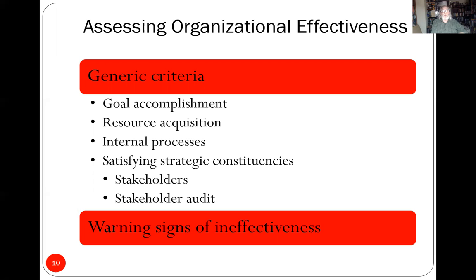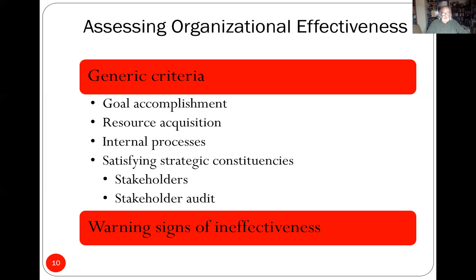Certainly, you want to assess your effectiveness and are you satisfying the parties that matter? And so that means your strategic constituencies, your stakeholders. And stakeholders, of course, are anyone that has an interest in you succeeding. And so it's going to be your employees and their families and your suppliers and the companies you have alliances with and your customers and all of those things.